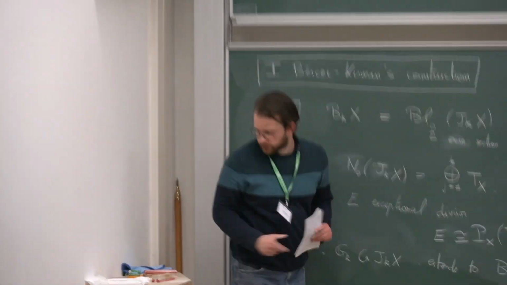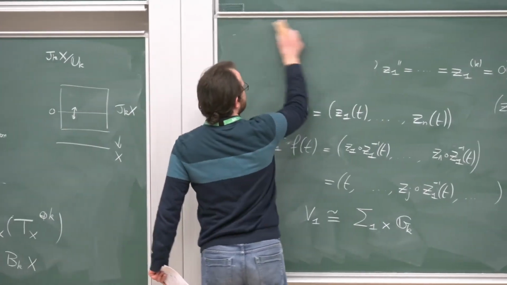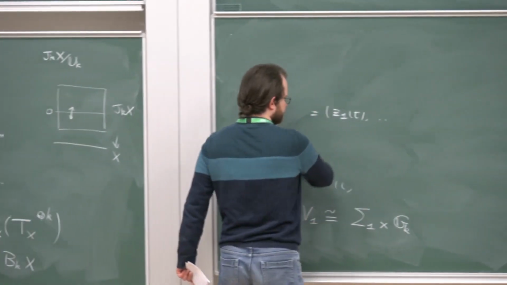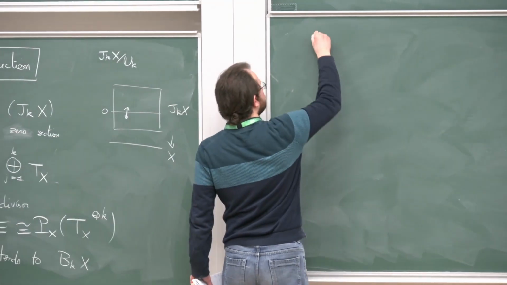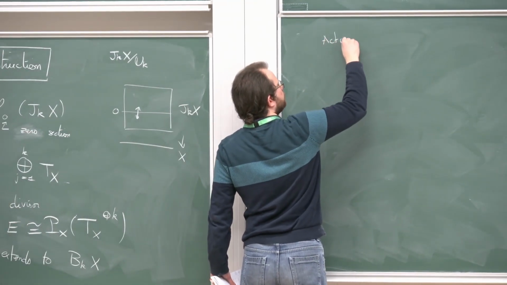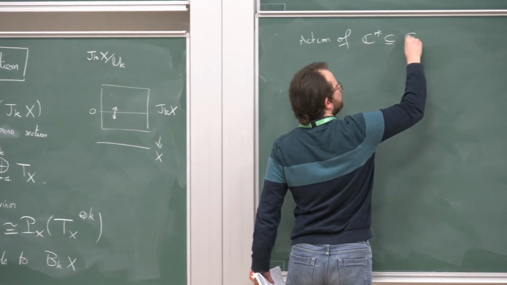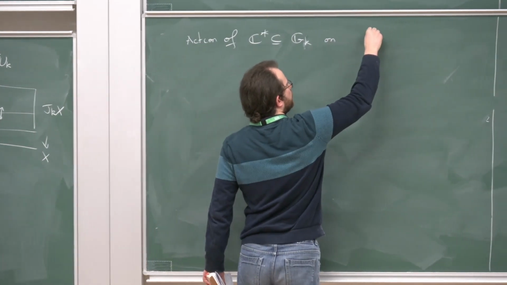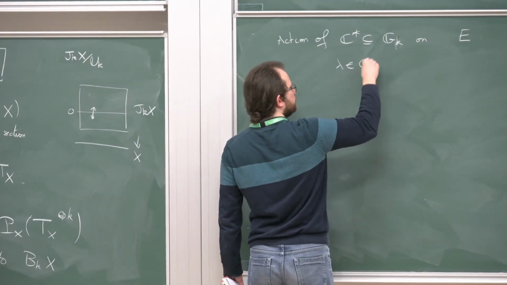And what will be relevant for us in a minute is what this action is on the exceptional divisor. More precisely, the action of C star lying inside J_K on E. So pick lambda in C star.